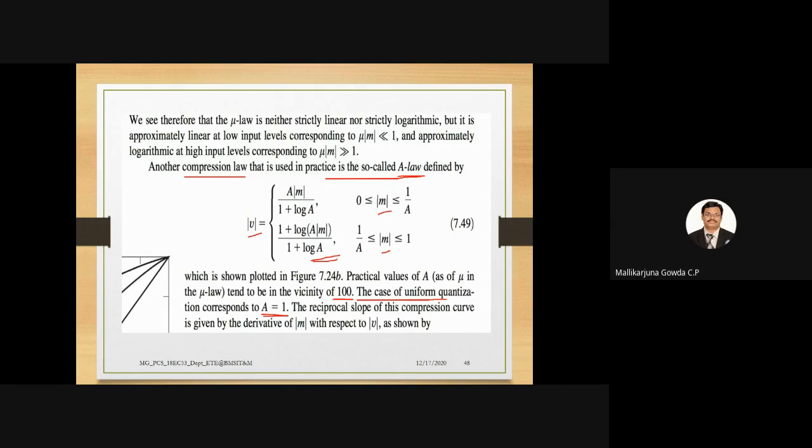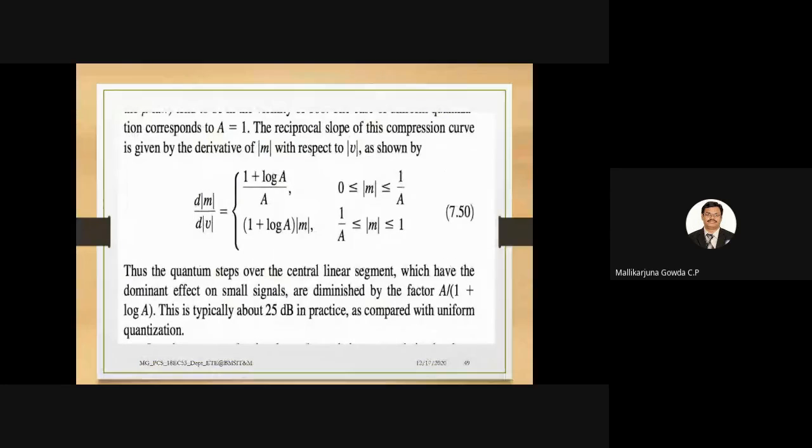Similarly, the reciprocal slope of this compression curve is given by the derivative, which is shown here: d of m by d of p is equal to 1 plus log A by A over this range, and it will be 1 plus log A into mod m over this range.